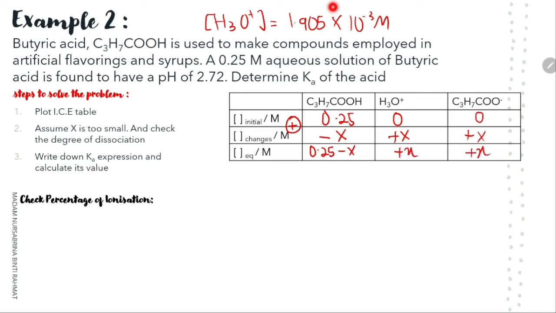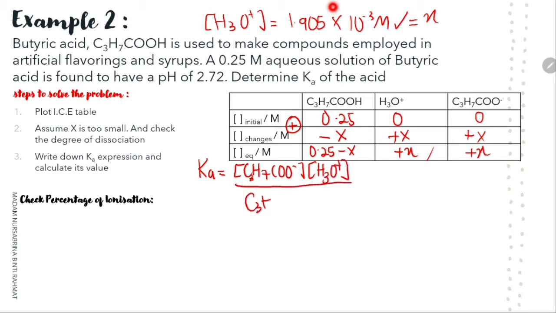From the given pH value, you already calculated H3O plus, and the concentration of H3O plus here is equivalent to the X value. So we're going to calculate the Ka expression. Ka equals C3H7COO minus times H3O plus over C3H7COOH.